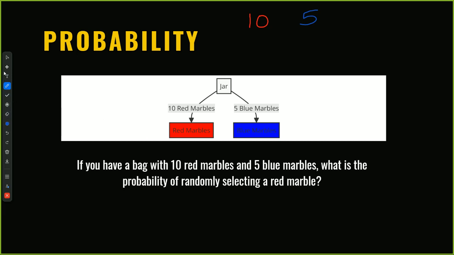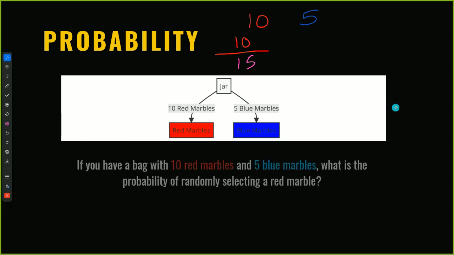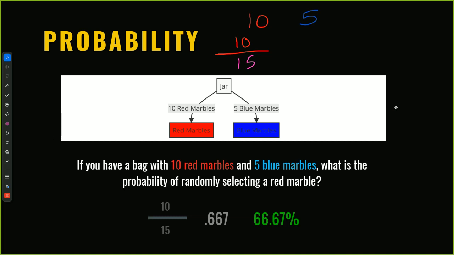Well, it would essentially be our favorable solution, that's what we want, out of our total outcomes. You get 10 out of 15, 0.667, or 66.67%.